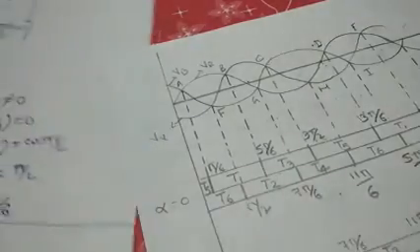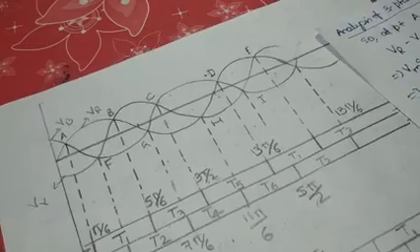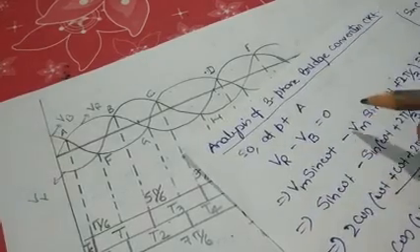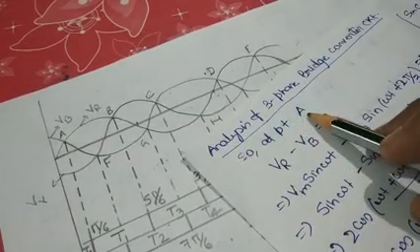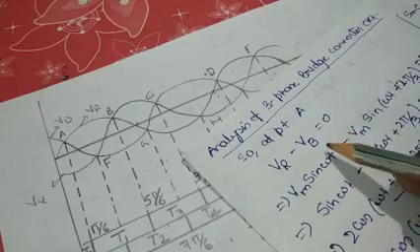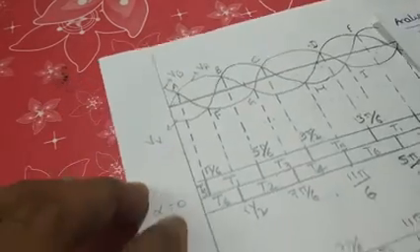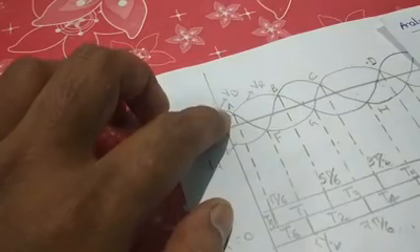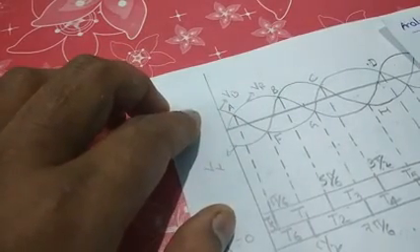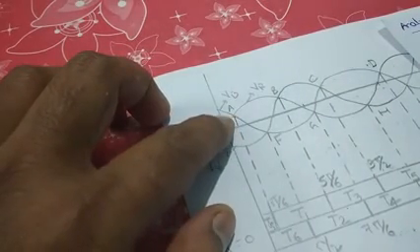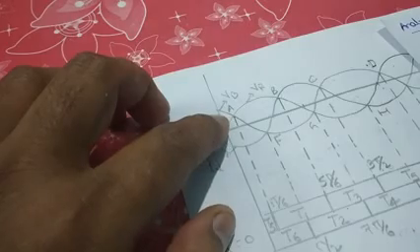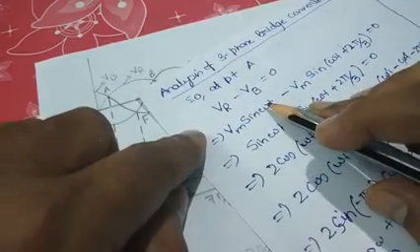So how will we analyze it? See, at point A, VR and VB are equal.